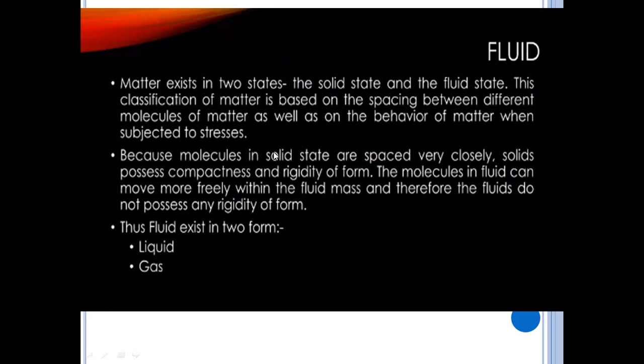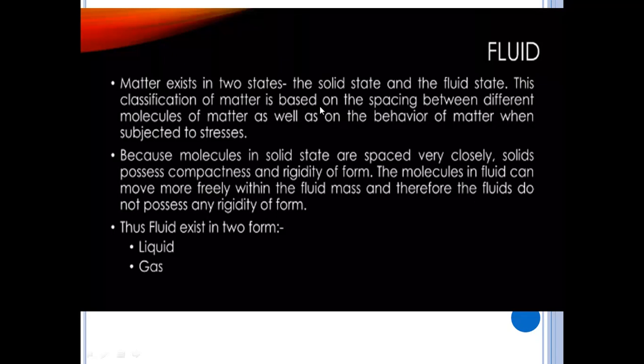So how do you differentiate the states of matter? By the spacing between the molecules, by how the molecules are packed inside. We classify it as either solid, liquid, or gas.